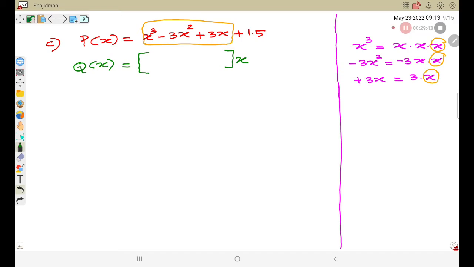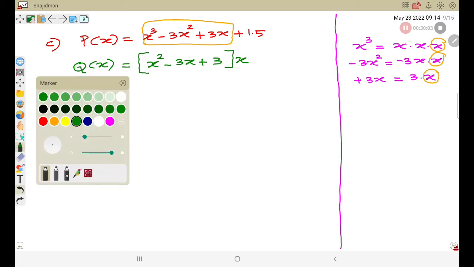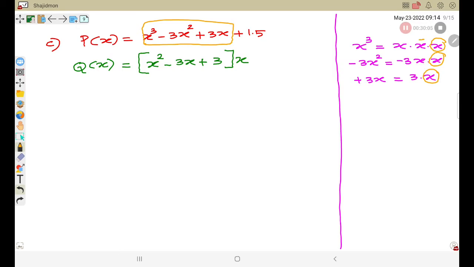From x power 3, x taken means x multiply x, x power 2 balance. Then minus 3x power 2, 1 x taken means minus 3x balance. Then from 3x, 1 x taken means 3 balance. You can think on this side, x power 3 is x multiply x multiply x.